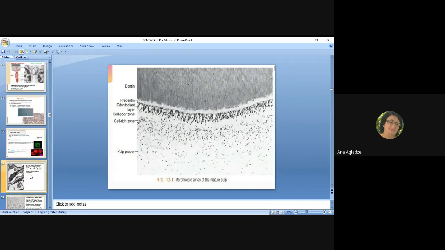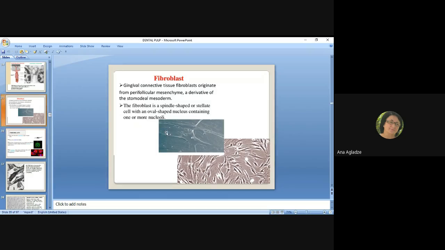You can see these fibroblasts, called stellate cells, and they form junctions between cells for communication, with junctional complexes on their processes.